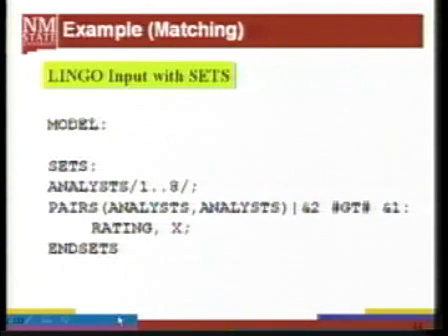And the next set we may want to construct is a set consisting of all the potential pairings. And this will be a derived set. We will build it by taking the cross of the analyst sets, right?